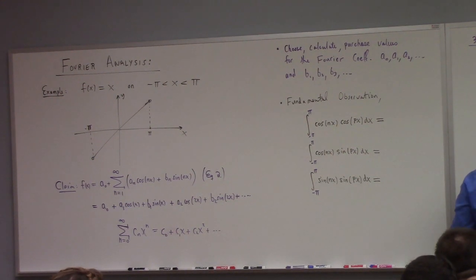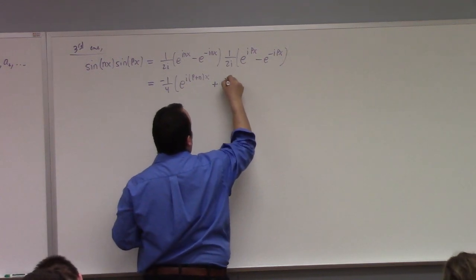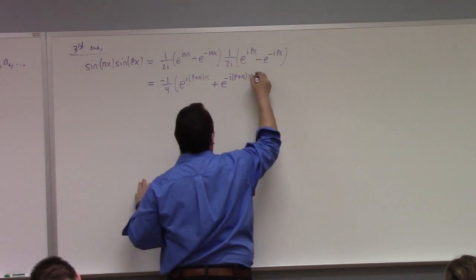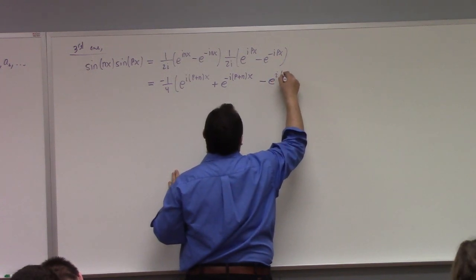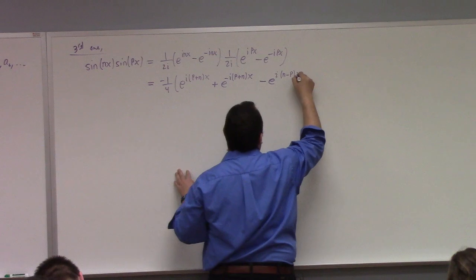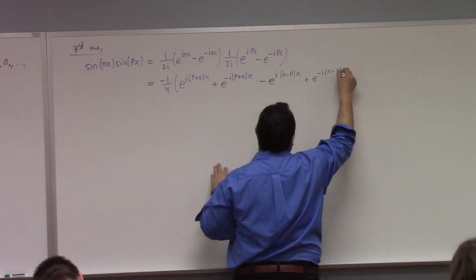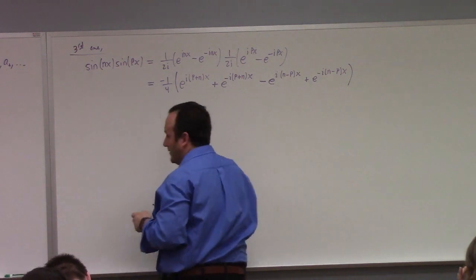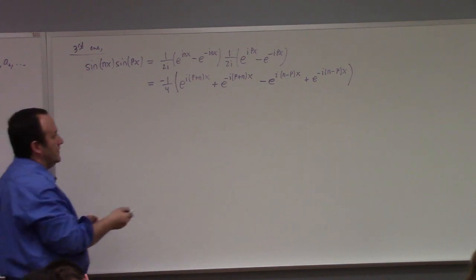And that works out to minus 1/4 of e to the i times p plus n, x, plus e to the minus i times n plus p, x, minus e to the i times n minus p, x, plus e to the minus i times n minus p, x. So I'm multiplying the terms out, and I'm grouping them so that maybe we can see the cosines that are underlying what's going on here.